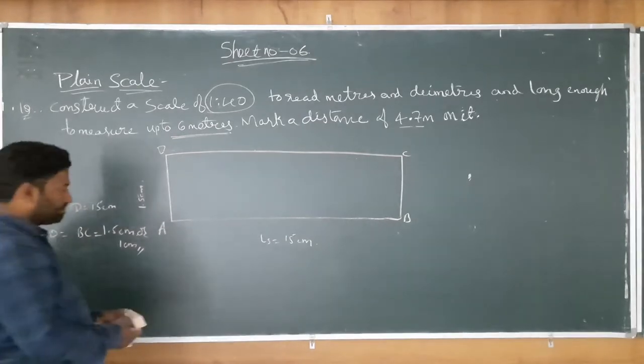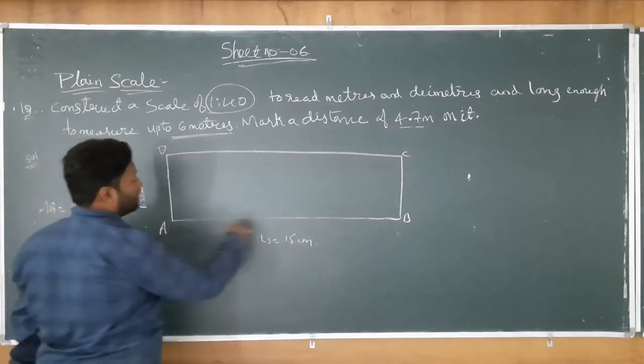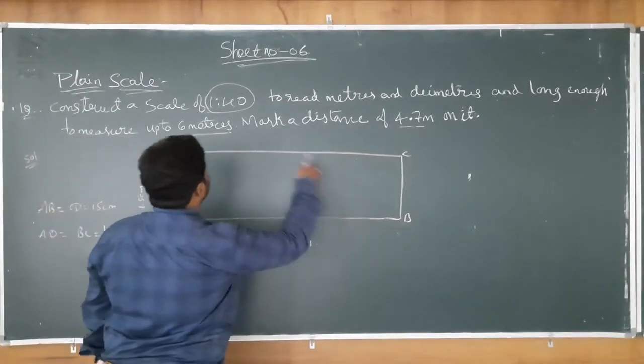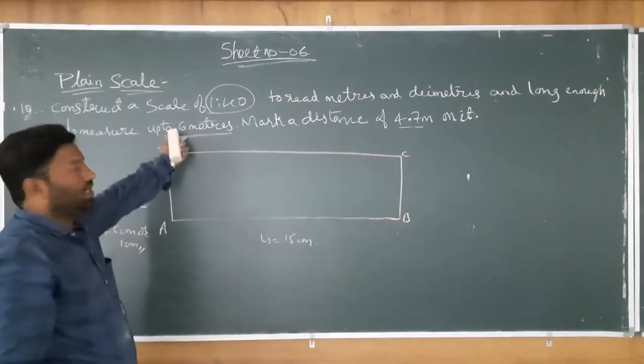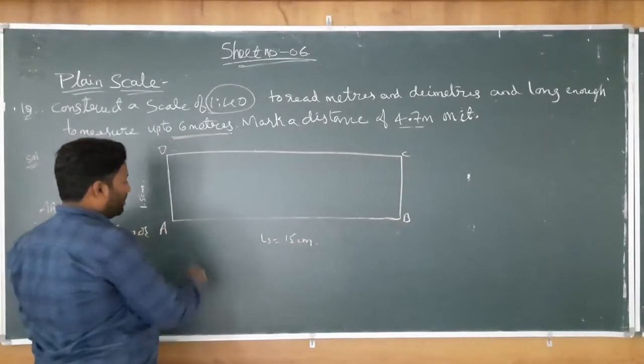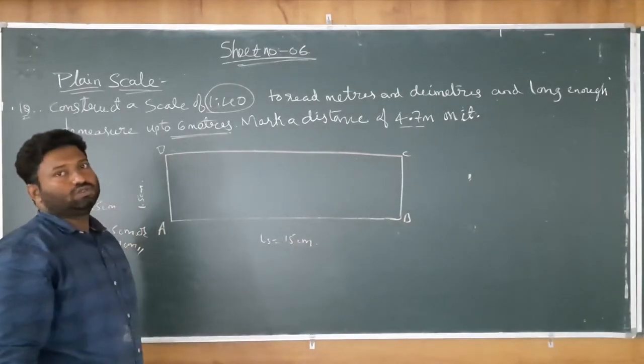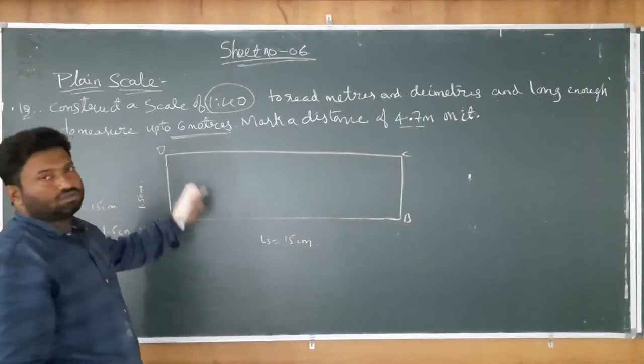Now after this we have to divide the length of the scale into maximum length parts. Here we have maximum length as 6 meters, so we have to divide the maximum length into 6 equal parts.